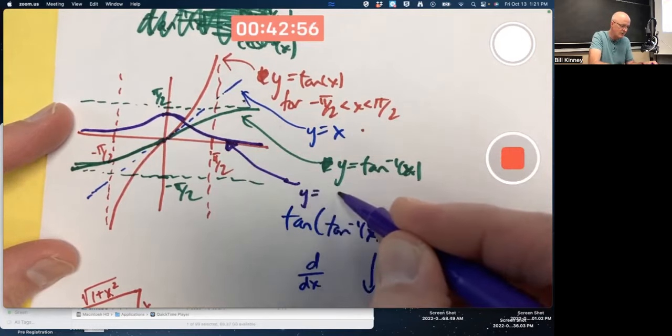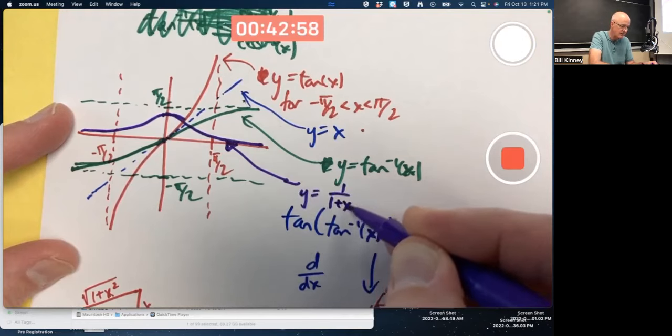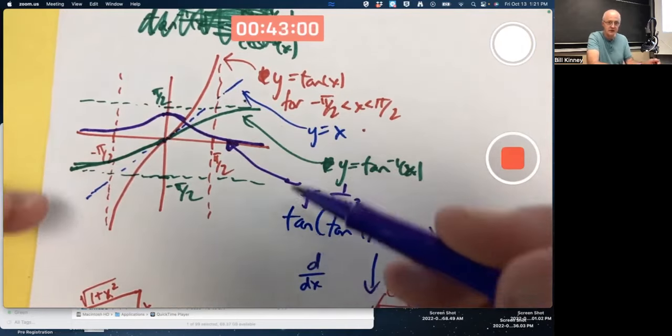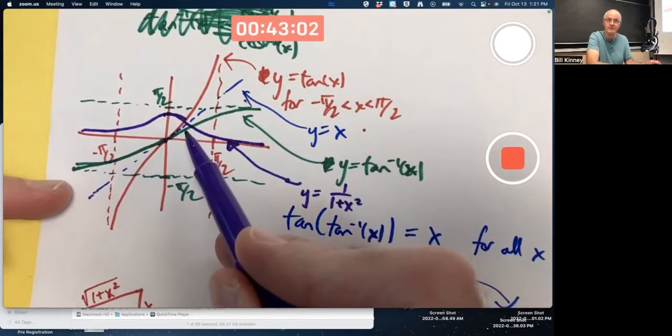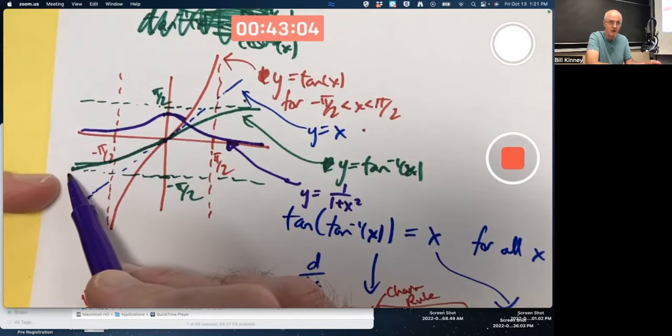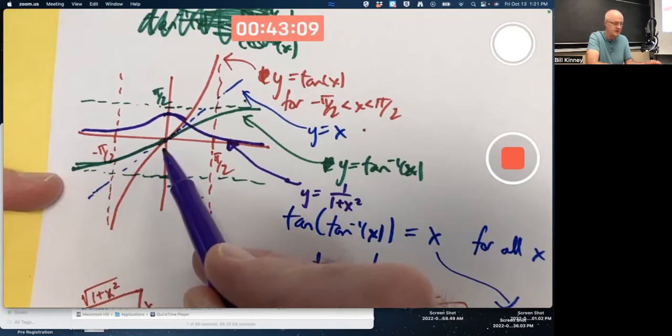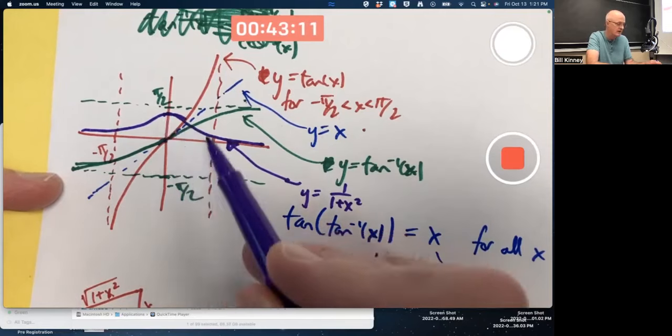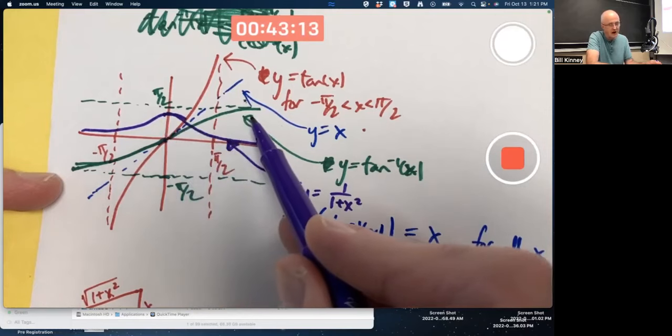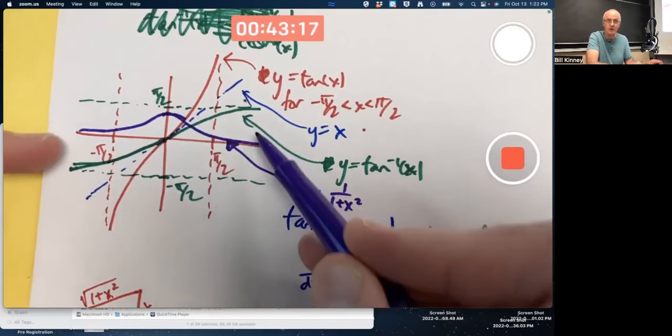That's y equals 1 over 1 plus x squared. And it is giving you the slopes of the green graph. Close to 0, but they're always positive. Close to 0 over here. Maximize when x is 0, just like this function is highest when x is 0. Then they go down close to 0 again. But they're always positive, so this purple graph is always positive.